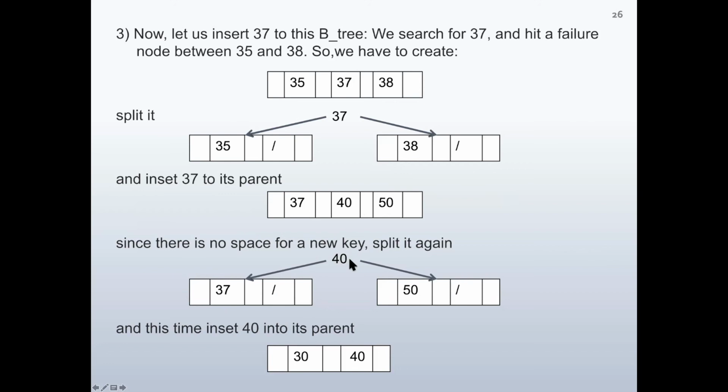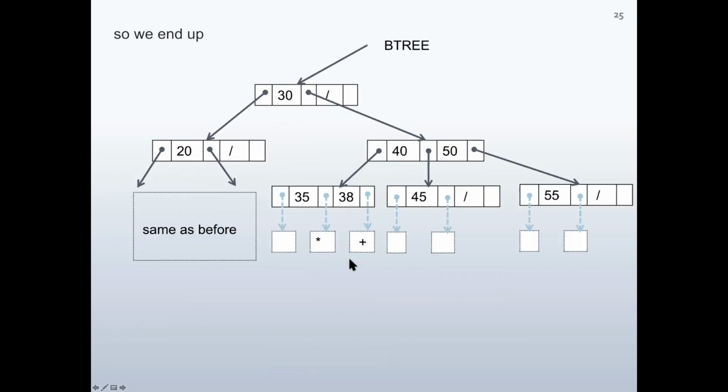We have 40 here, and then that 40 is going to be inserted to the parent node. And notice that here we have space for insertion of 40, and this node is split into 2 parts. They will be connected to the left and to the right hand side of the key field given here.